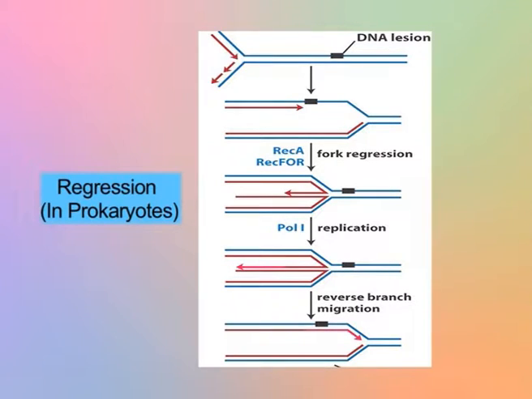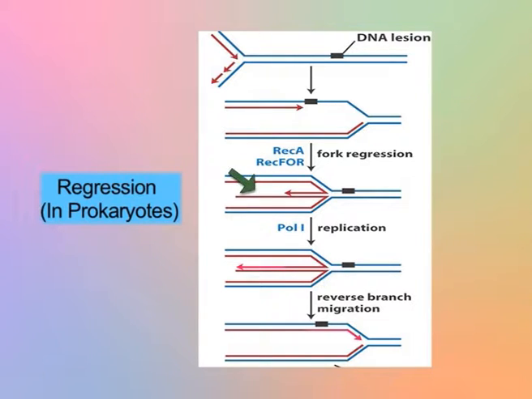Let's first talk about the regression model. Suppose a lesion is present on the mother strand. Now the newly synthesized strand is passing. When it encounters a particular DNA lesion, how do we overcome that? Now some lagging strand is already made.